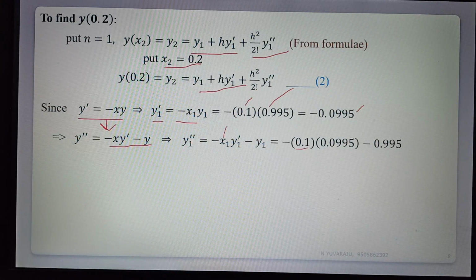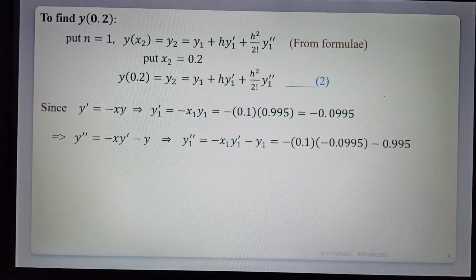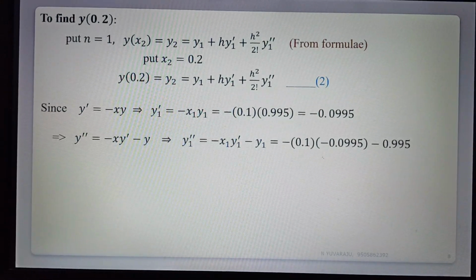x1 value substituting 0.1. Okay, that is substituting minus 0.1 into minus 0.0995 minus 0.995. Simplification is minus 0.98505. Okay, now both these values substituting in equation 2.